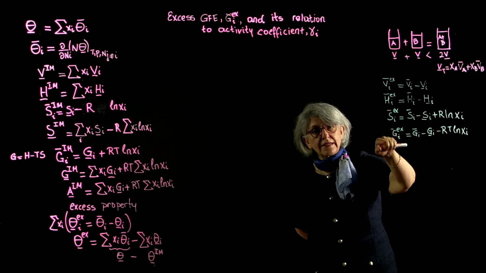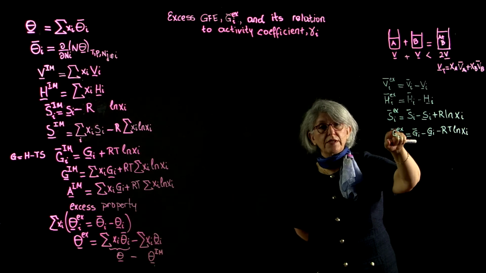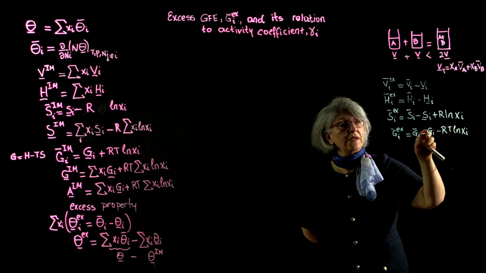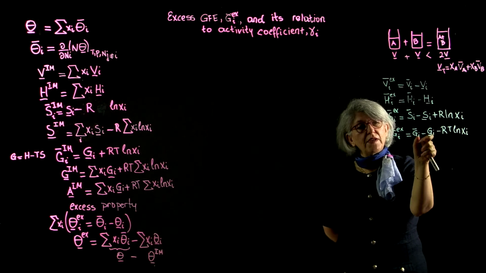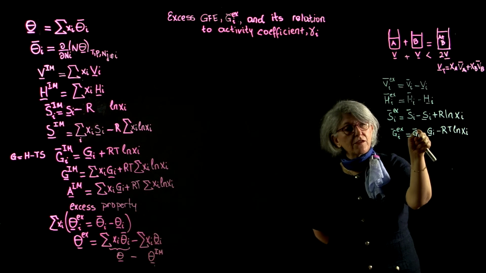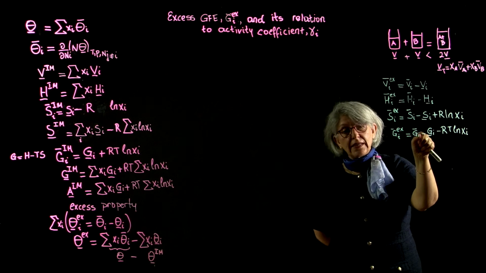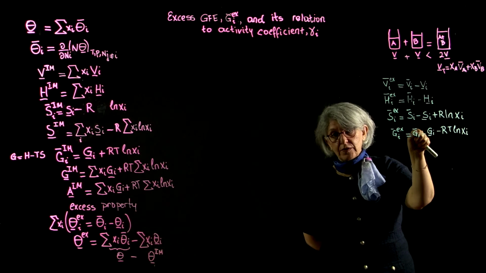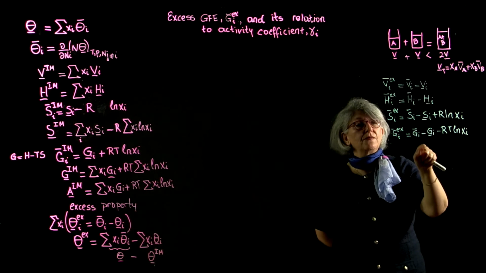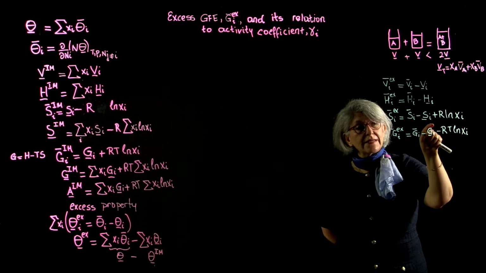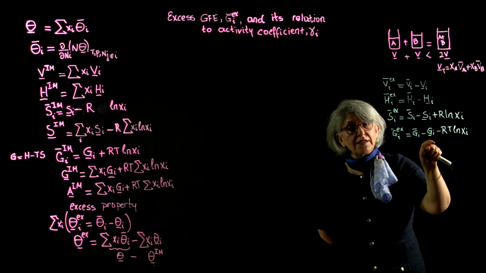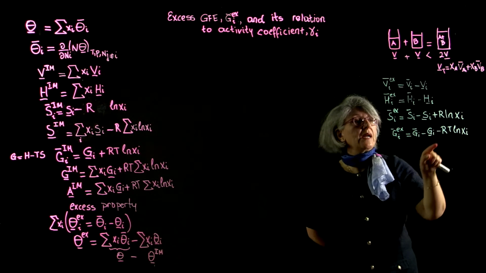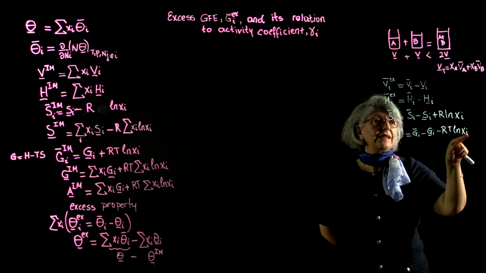Similarly, excess Gibbs free energy, partial molar excess Gibbs free energy of component i is going to be the difference between the partial molar Gibbs free energy of that component in the mixture, minus molar Gibbs free energy of the pure fluid, minus RT ln xi.